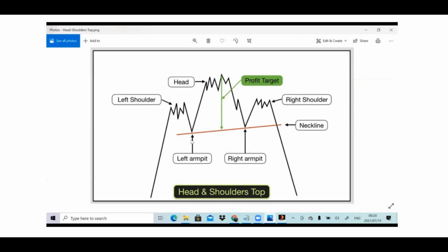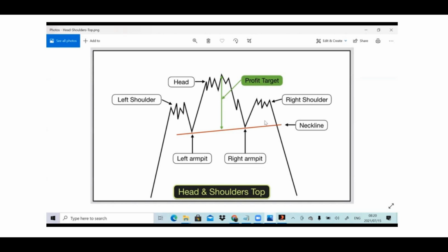Where your left shoulder tends to make a head, and where the head tends to make a right shoulder comes your armpit. Put the line from your left armpit to right armpit. And when you put the line there, that becomes your neckline of that head and shoulder.